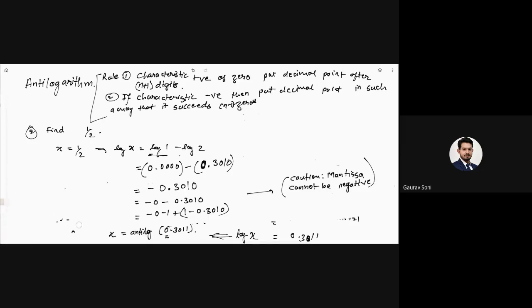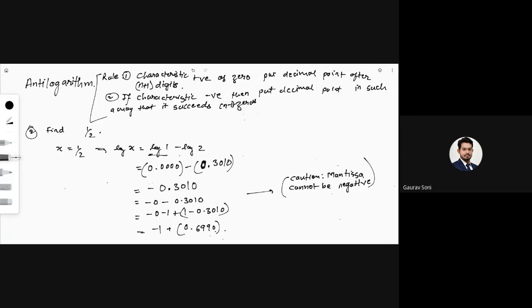So this is equal to minus 1 plus in bracket 1 minus 0.3010, that is 0.6990.